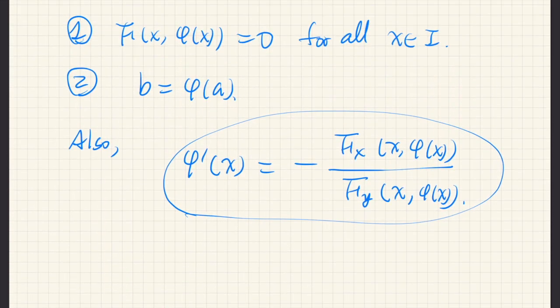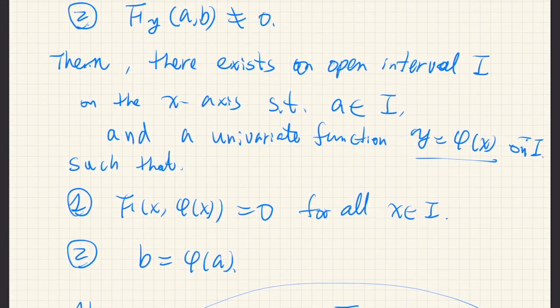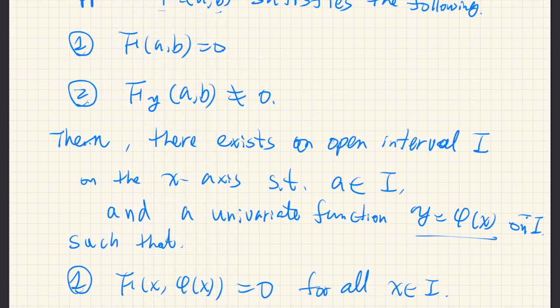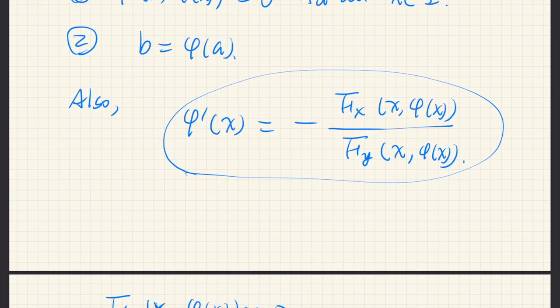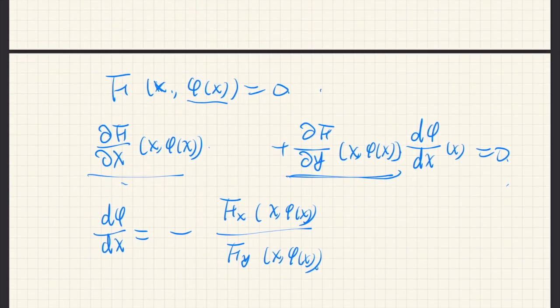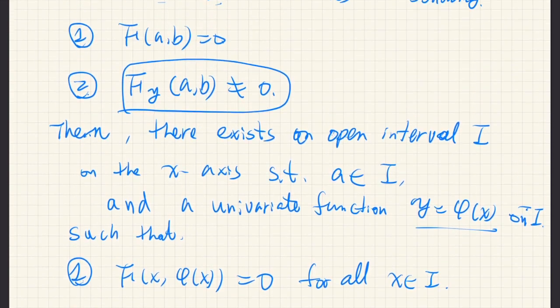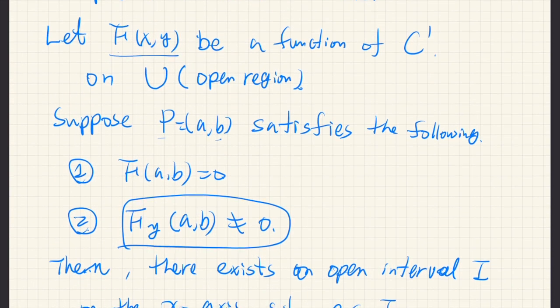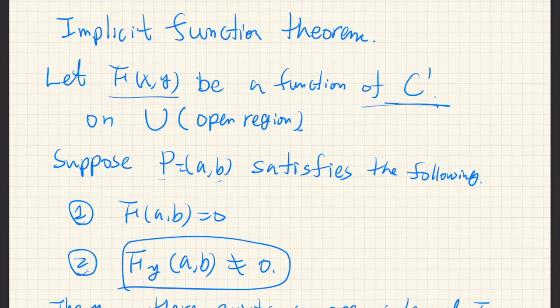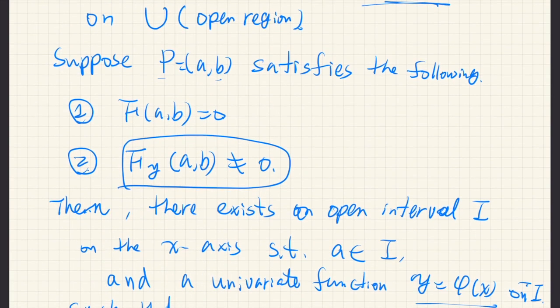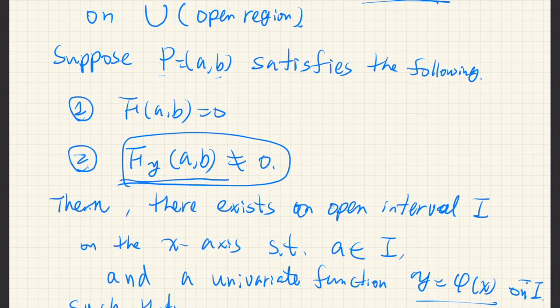Here, as we have seen, we are assuming that the partial derivative with respect to y is not equal to 0, of course. And since we are assuming that this function is of class C1, so that is continuously differentiable, therefore these partial derivatives are continuous.